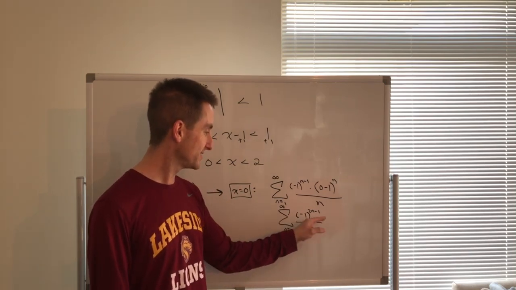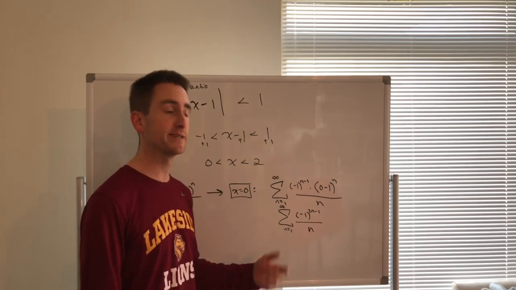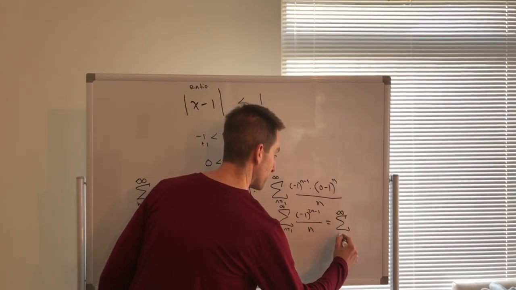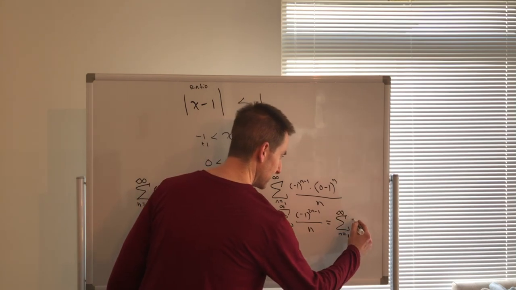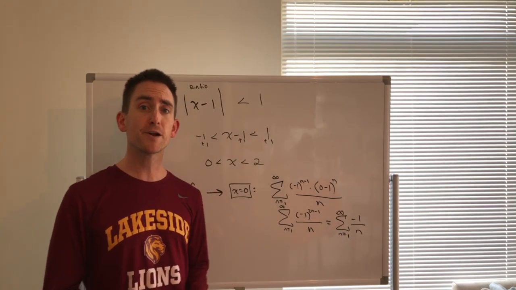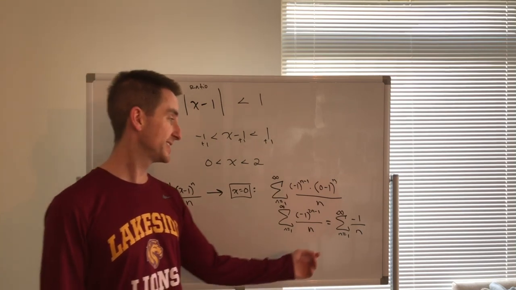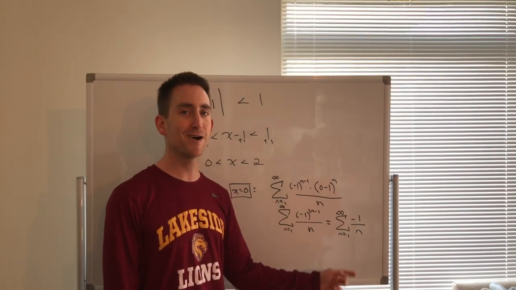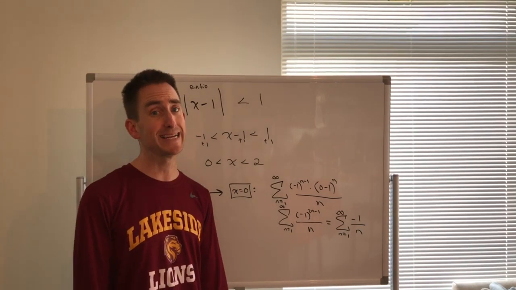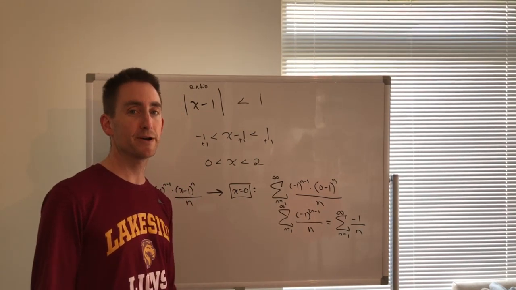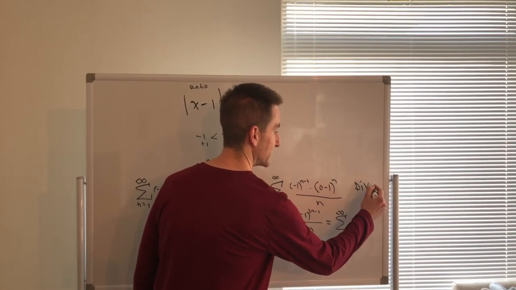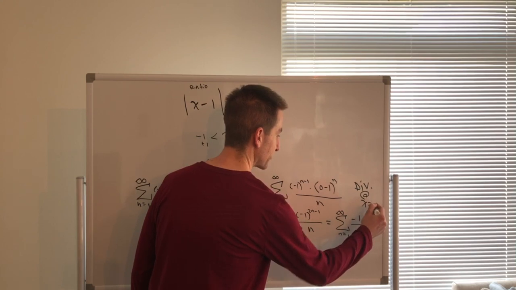So -1 to a number that's always odd will always be -1, which means that we have the series from 1 to infinity of -1 over n. And if you recall your work earlier with the harmonic series, this is just a harmonic series multiplied by -1, and we know that the harmonic series diverges. So we know that we're going to diverge at x equal to 0.